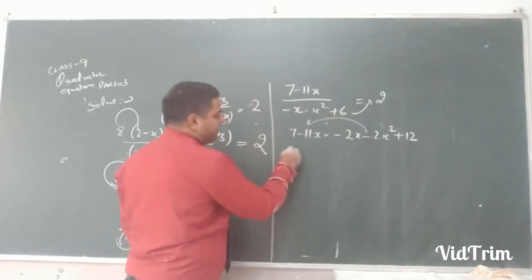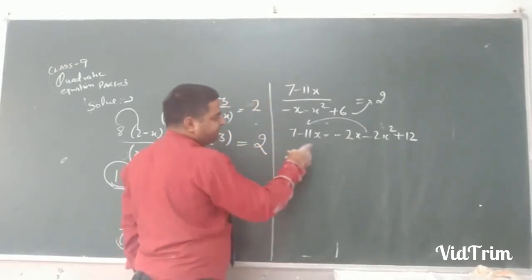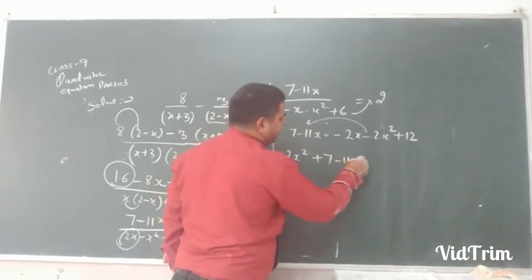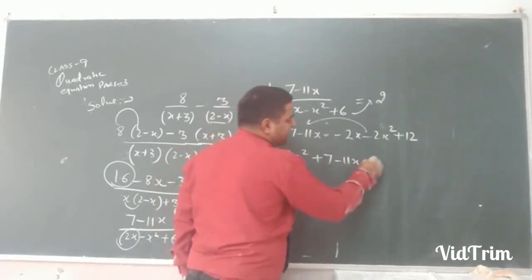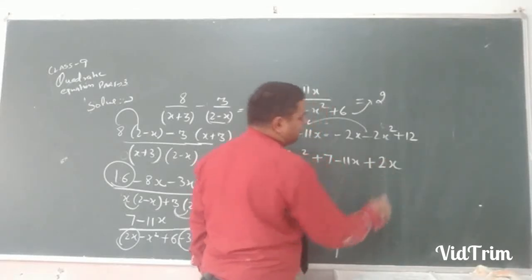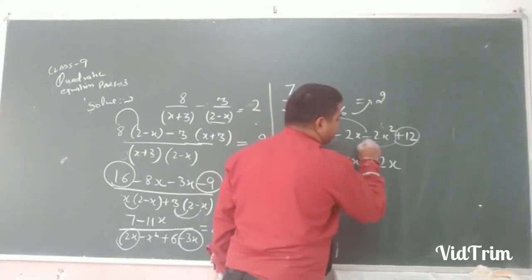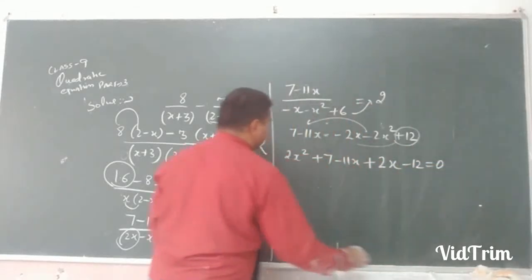What do we get? 2x square, minus changes to plus, then plus 7 minus 11x, minus, this minus comes to this side and changes to plus 2x. When we bring this plus 12 to this side, it changes to minus 12 equals to 0.